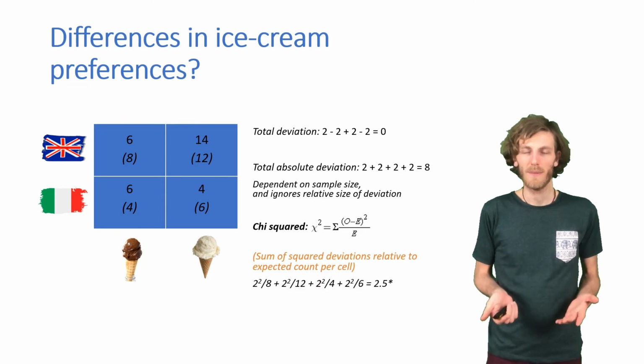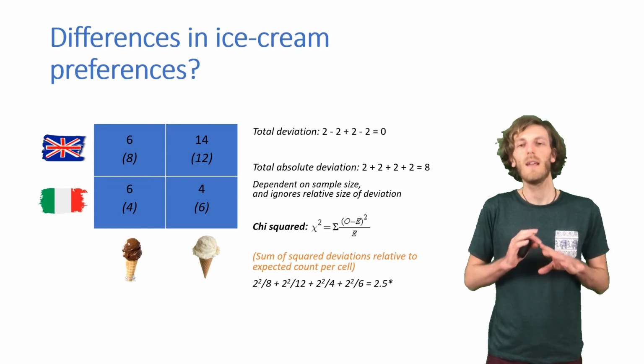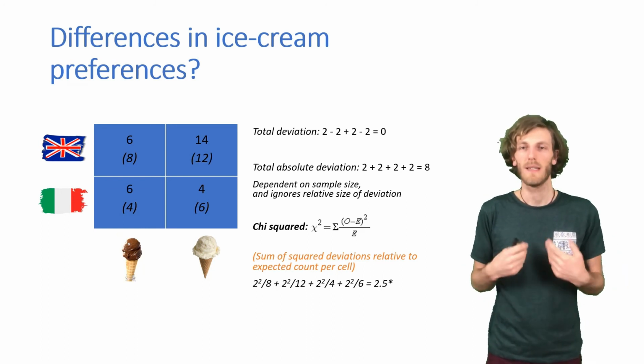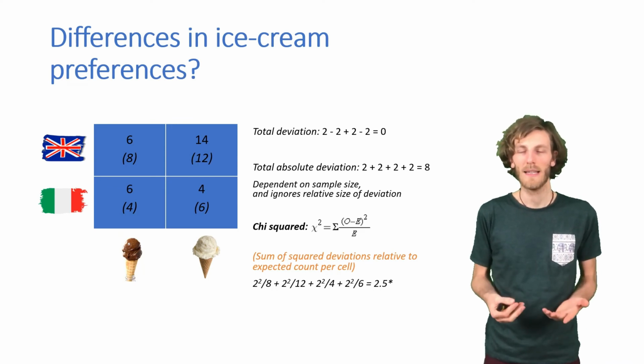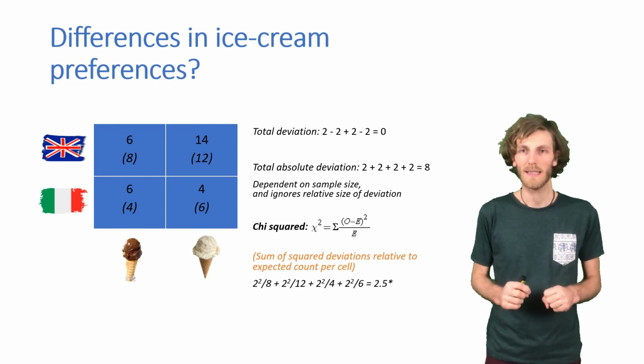So when we do it in this example, we have a chi-squared value of 2.5. You don't need to remember the formula, but you should have the intuition. So what we're doing in chi-squared is we're calculating how far our observed data is from the expected data under the null hypothesis.